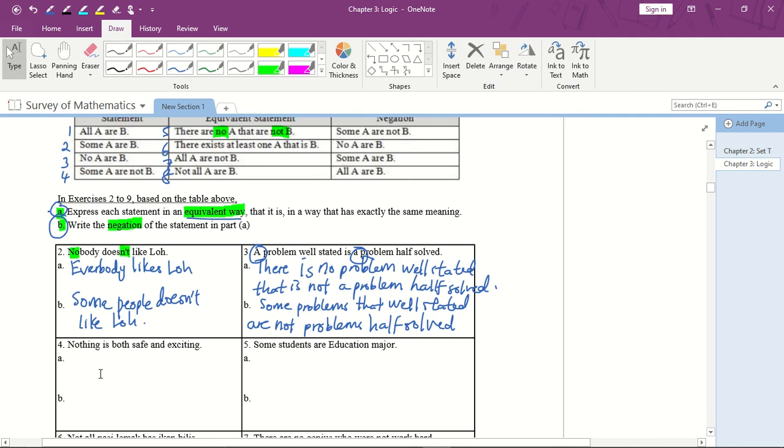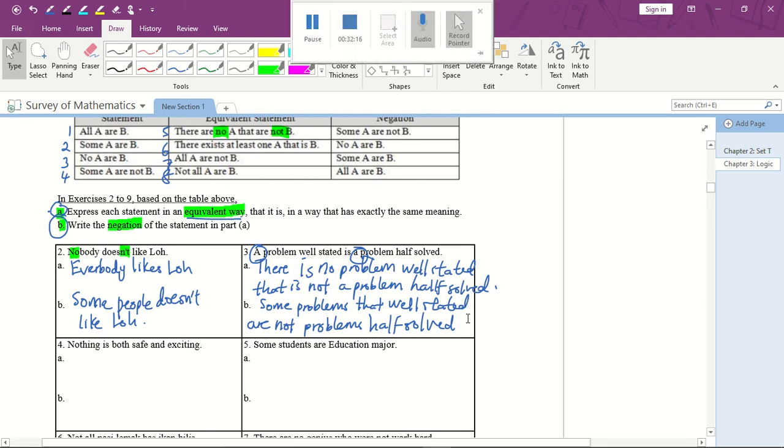Okay, so now look at this question. Nothing is both safe and exciting. Now try to look at this table again and try to figure out which statement it is. You have about 10 seconds to think.